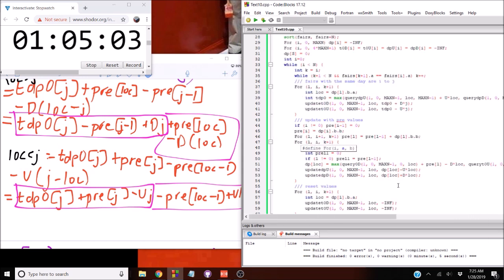Okay, I also need to update pre-j minus 1 and pre-j to the different DP arrays.